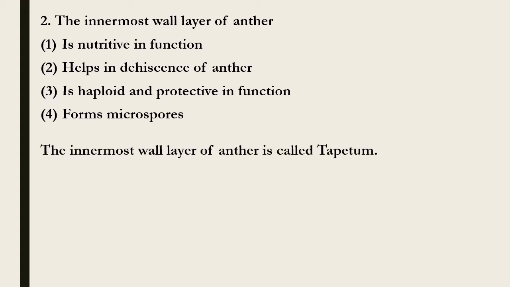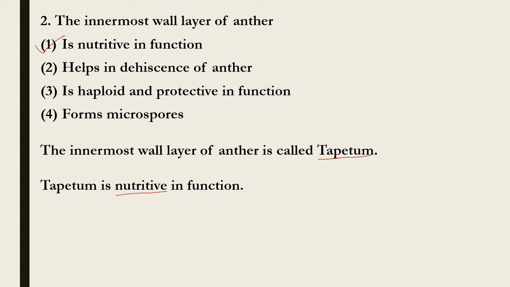The innermost wall layer of anther is called the tapetum, and this tapetum is nutritive in function. It provides the nutrition for developing pollen grains. So the correct answer is option 1.